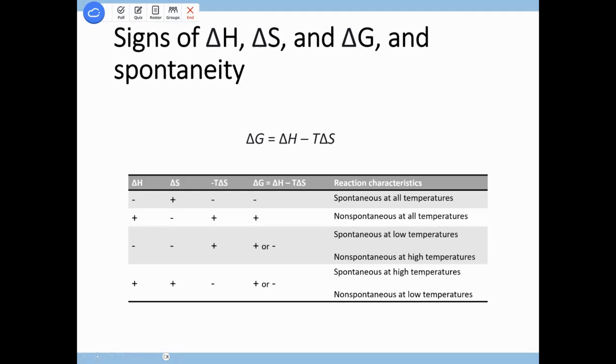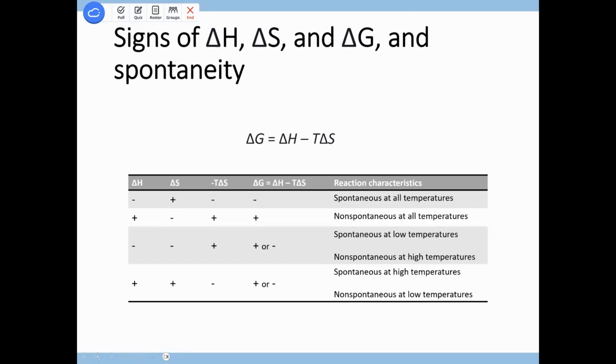We want to make sure that when we subtract T delta S, that is not a largely positive number. So if it's negative, we're subtracting a negative, that means we're adding. So if that value is small, meaning we have a low temperature, then overall delta G will be negative. So these reactions are spontaneous at low temperatures to get a negative delta G, not spontaneous at high temperatures.